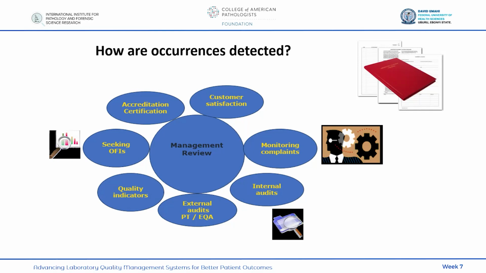That can be done with a complaint box, and by asking for feedback from your customers and so on. Internal audits: some of the audits we have in our country most times are maybe in preparation for accreditation, which is not supposed to be.